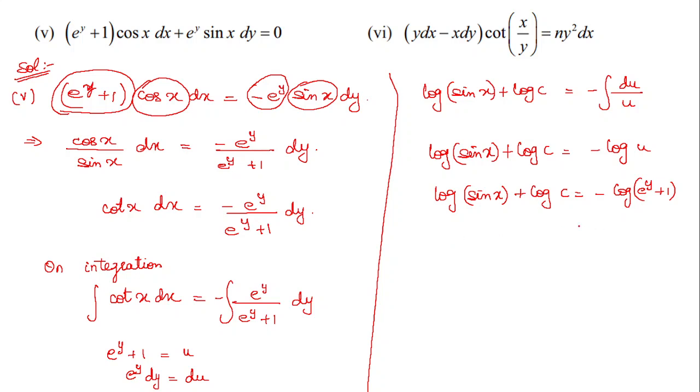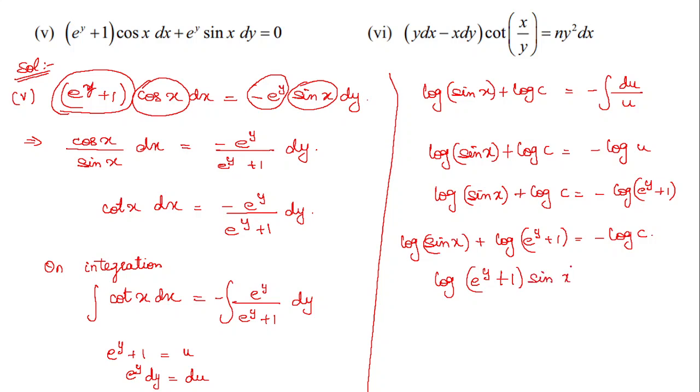So we will have log of sin x plus log of e power y plus 1. Let us take this log c to that side. We'll have minus log c. So log of e power y plus 1 into sin x அப்படின்னு வருமா is equal to minus log c.